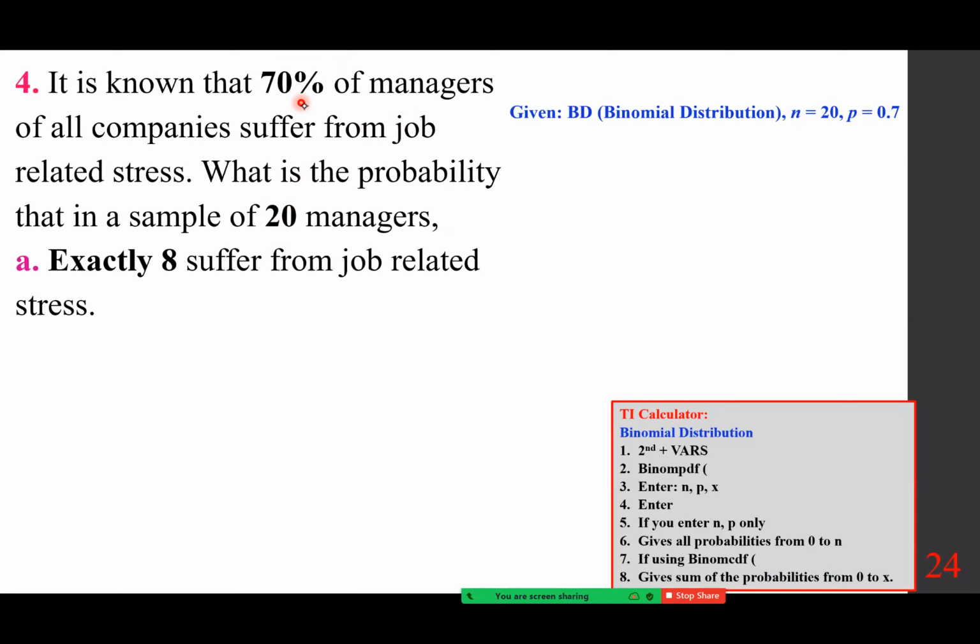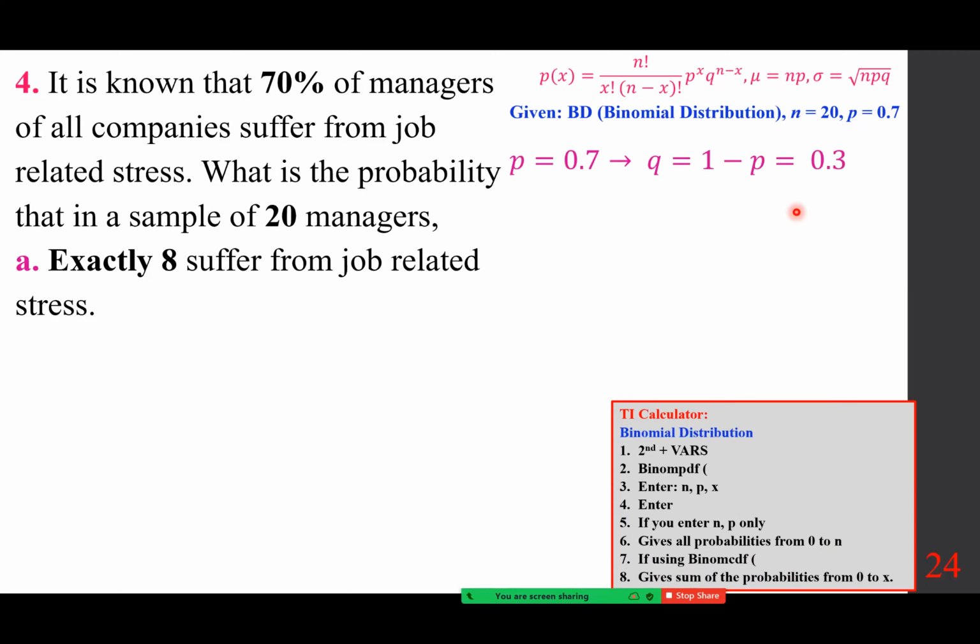So what are we using? The formula, again, you can find it in your formula sheet for the binomial distribution. We have N, we have P, and Q can be calculated as 1 minus P. So it makes it 1 minus 0.7, which is 0.3. So we have everything.